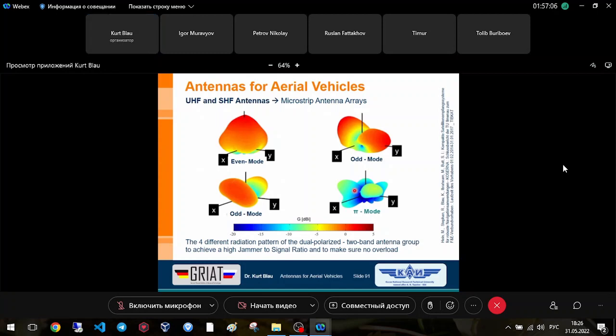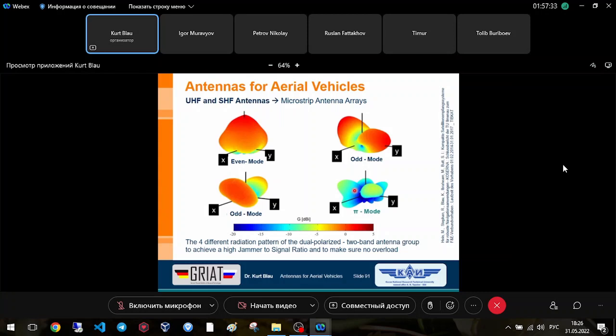So, we have 4 different radiation diagrams, but we have 4 identical patch antennas. And this is the interesting fact. This is the base of the antenna array.